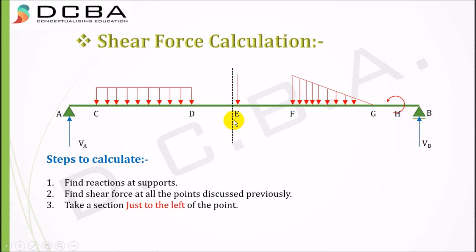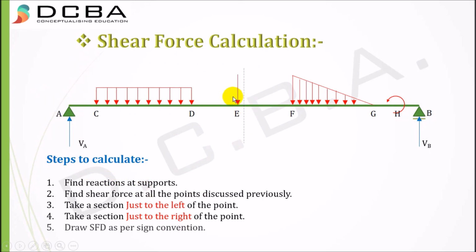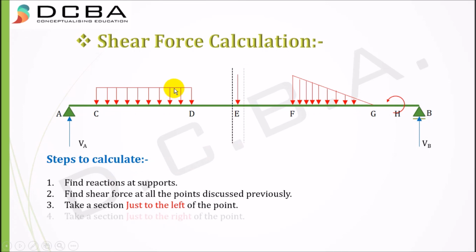This is why we sum up all the forces to the left of this section. The next step is to take a section just to the right of E. Again you sum up all the forces in the left portion of the beam up to this section, but now the point load is also included in the left part. You can see here that because of this point load, my shear force might change.